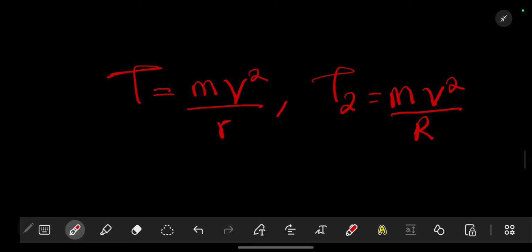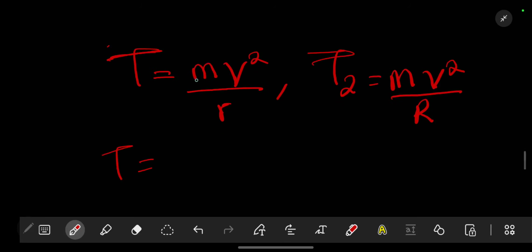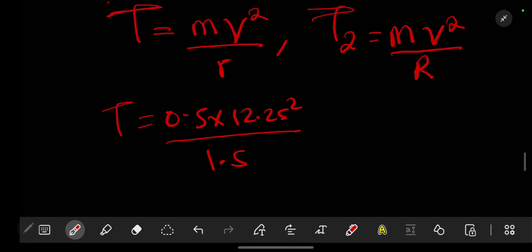So this will not be part of your calculations, but it's for the explanation. Tension should be equal to, what is our mass? Our mass in this case is 0.5 times our velocity squared, which is 12.25 squared, over the radius, which was 1.5.